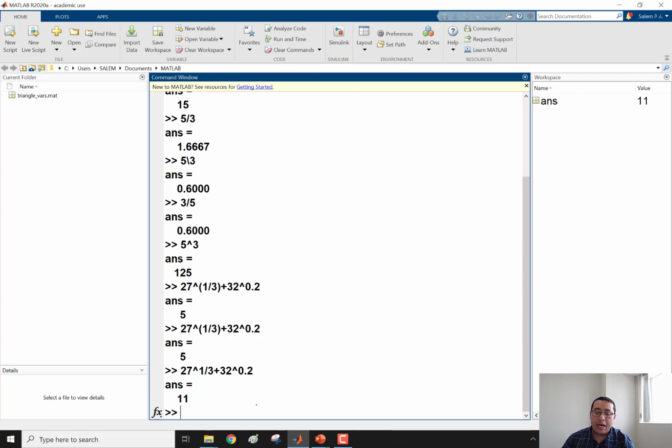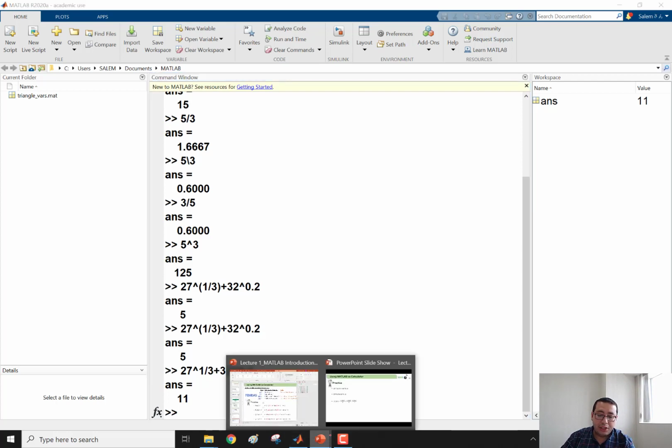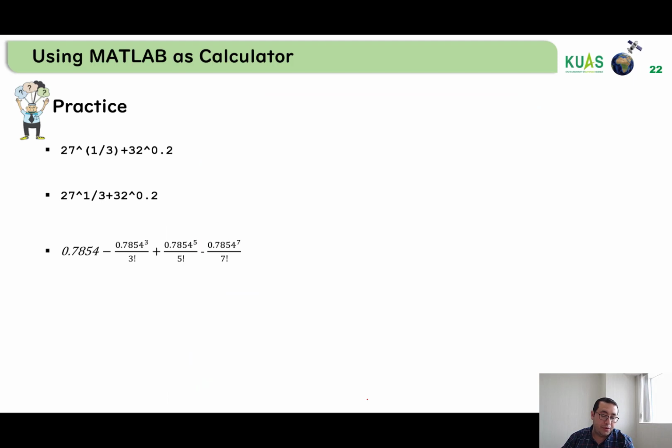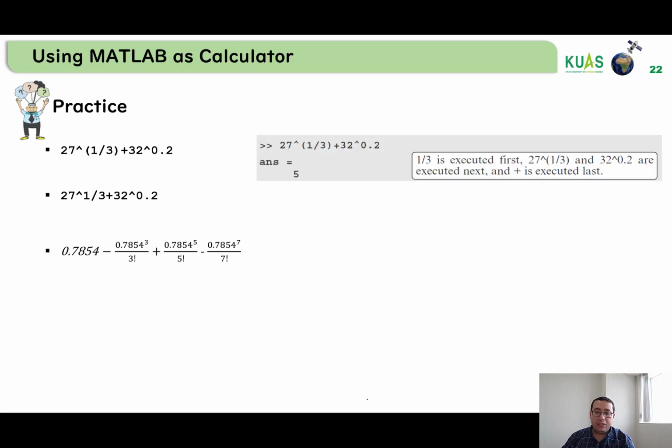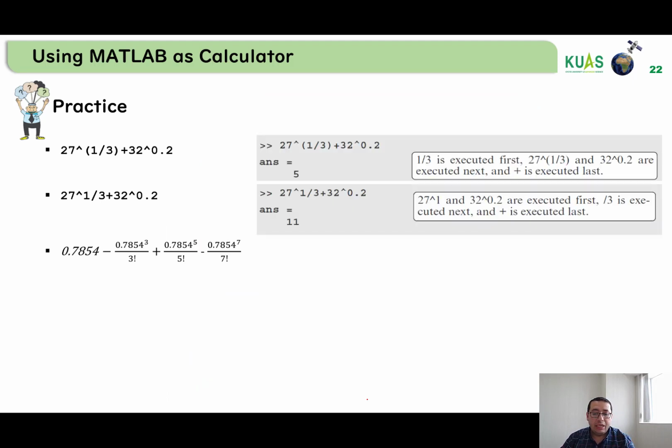Let's go to the PowerPoint first to check the third example because it's important. So this is the answer for the first and this is the answer for the second as we tested. And let's check first. Do you know what this is? I believe you were taught in high school. This is called factorial. For example, 3 factorial means 1 multiplied by 2 multiplied by 3.